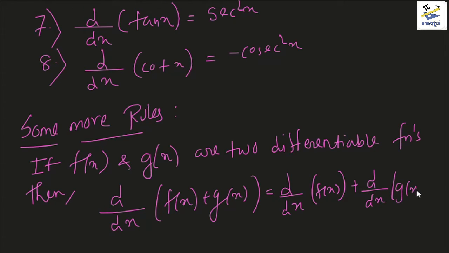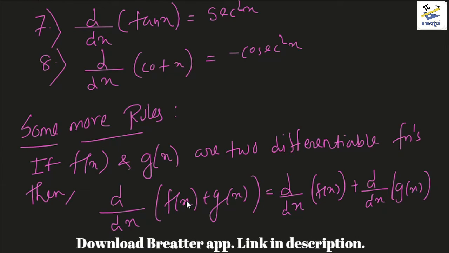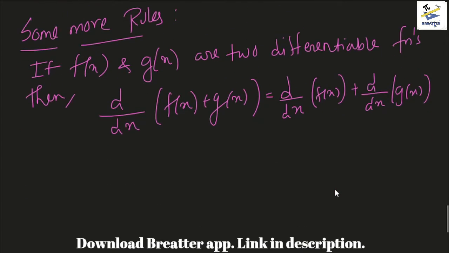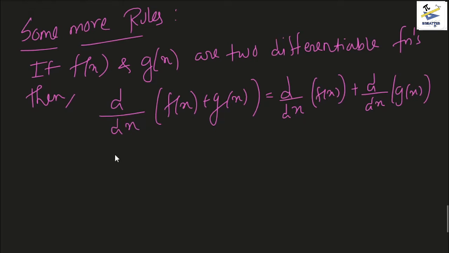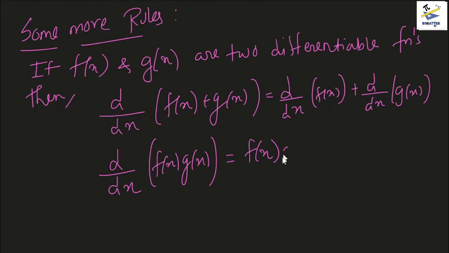So basically, if you are asked to find the derivative of the sum of two functions where both functions are differentiable, then the answer is the derivative of the first function added to the derivative of the second function. Similarly, if you are given the multiplication of two functions, then you can try this.